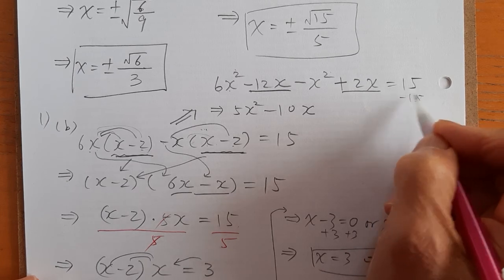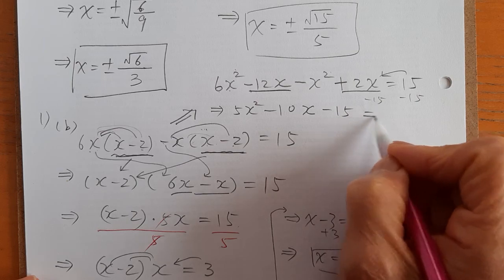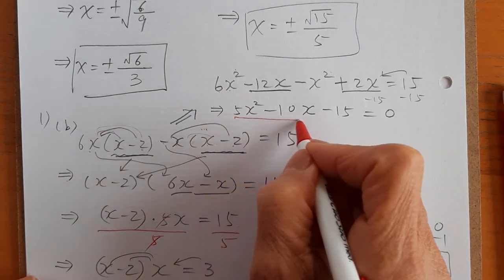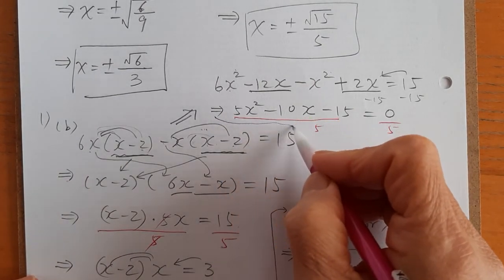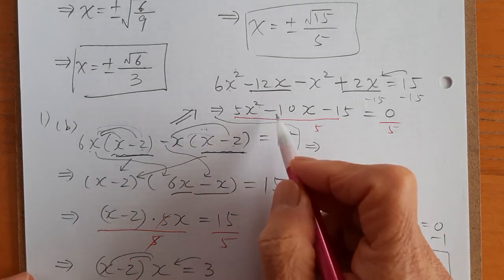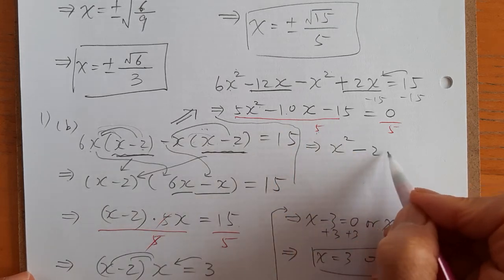Then you subtract 15 from both sides. So this 15 moves to the left, change the sign. And then you have common factor 5. So divide both sides by 5. So we'll get 5x squared divided by 5 is x squared. Minus 10x divided by 5 is minus 2x.